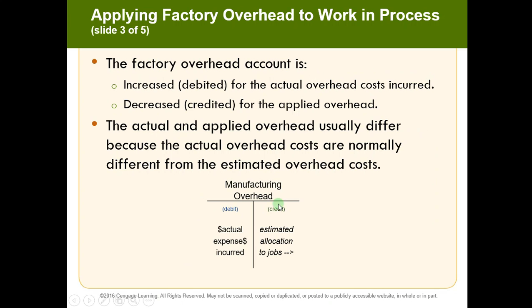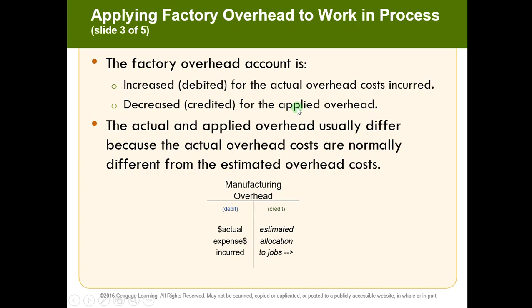And here's my little T account for manufacturing overhead. As factory overhead is incurred, we're going to debit overhead, just like any other expense account, which gets debited as the expenses are incurred. So if I actually pay a $20,000 rent payment on the factory building, instead of going to rent expense, it goes to manufacturing overhead.